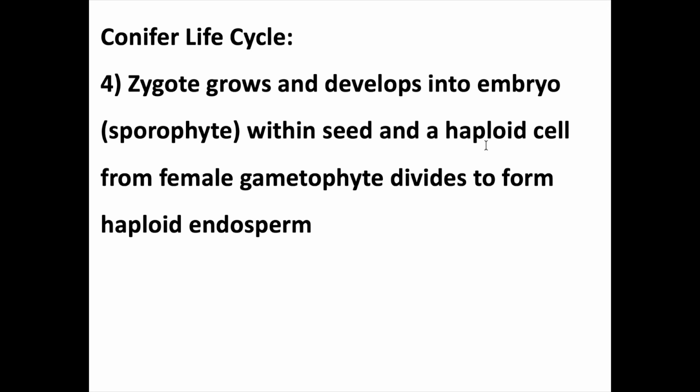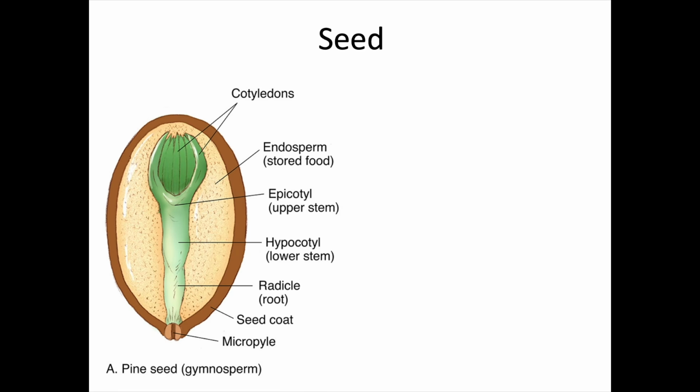And there's another cell from the female gametophyte that's going to divide to form something called endosperm. So this haploid cell from the female gametophyte is not fertilized, so it's still haploid. It forms endosperm. What is endosperm? Well, we can see this here. Endosperm (stored food).